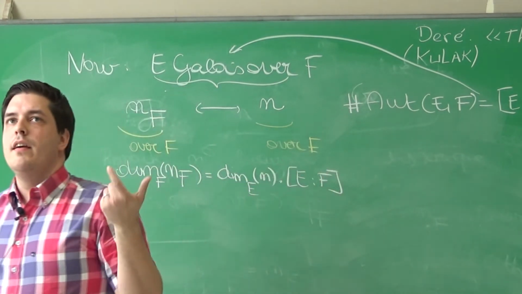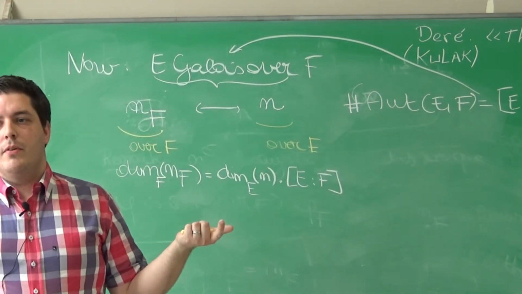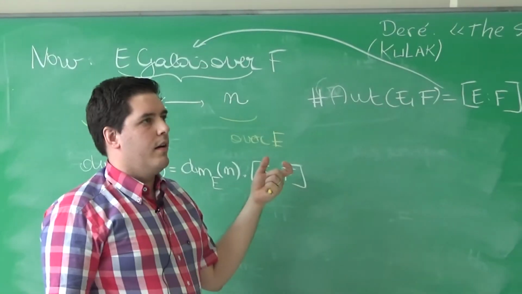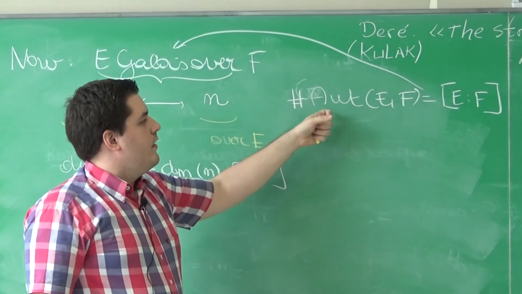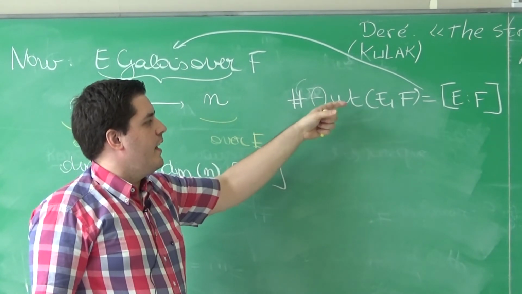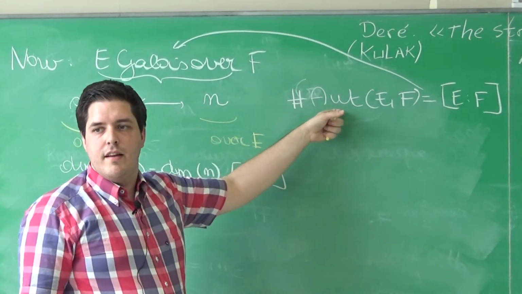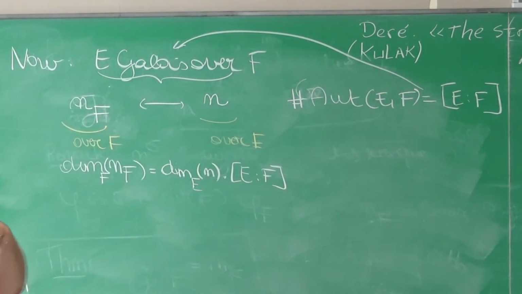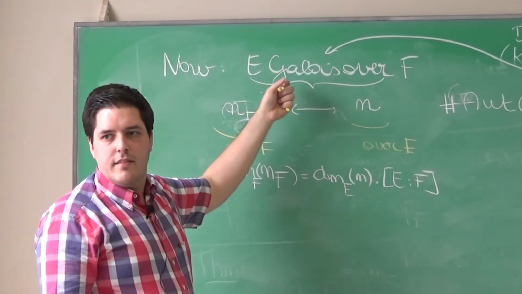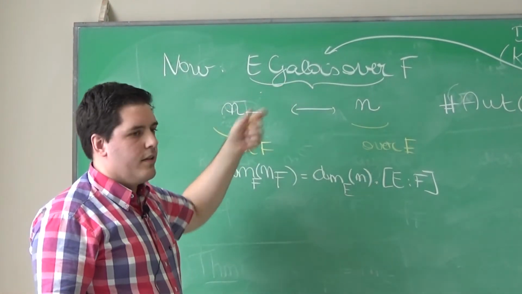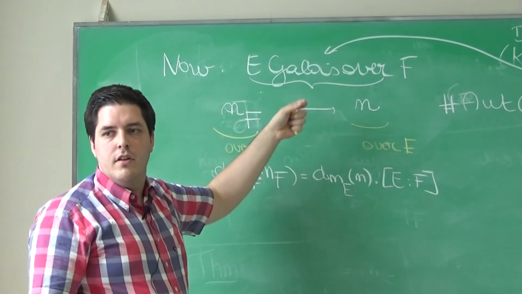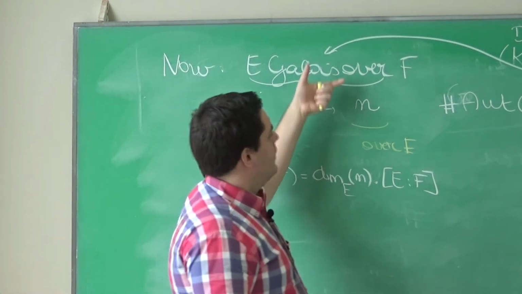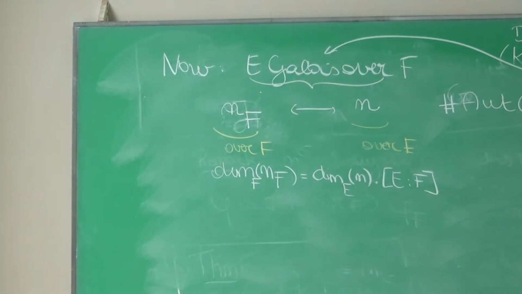Or said differently, it is the splitting field of a polynomial over F. Or said differently, if an element is fixed by every element in here, it must lie in F. I mean, there are several equivalent definitions. But it's somehow the nicest class of finite extensions you have, and they behave well. And if it's not a Galois extension, you can always make it slightly bigger such that it is a Galois extension. So this is not a very strong hypothesis in what we do.